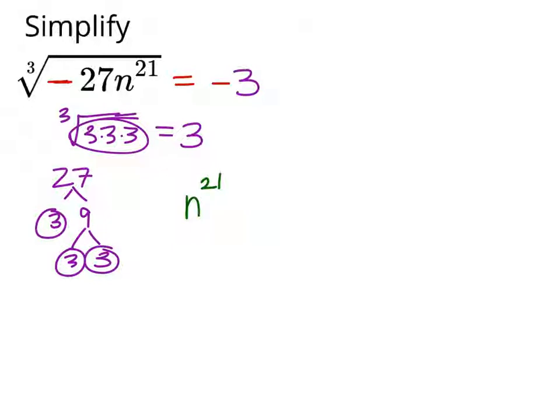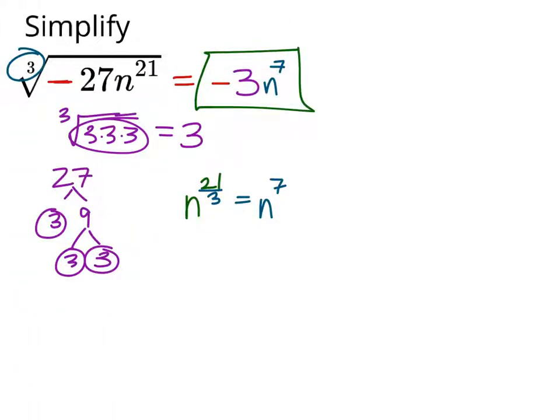What we need to understand, hopefully by this time, is the index is kind of like taking the exponent and dividing it by that index, which would make this an n to the power of 7. Now, having divided the 21 by the 3, that takes it out of the root, and it just becomes negative 3 times n to the power of 7. That right there is actually our final and simplified answer.